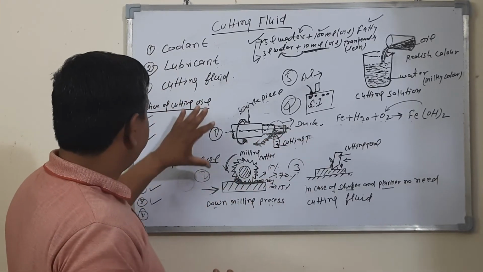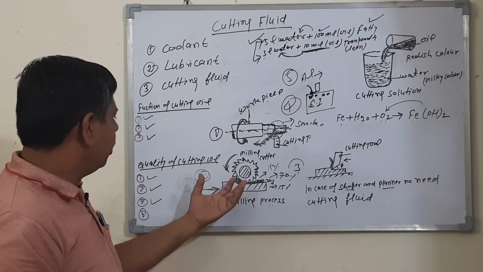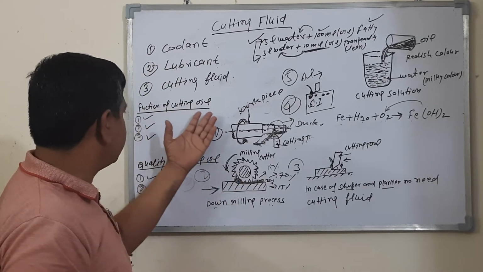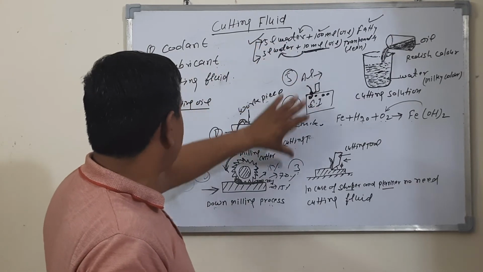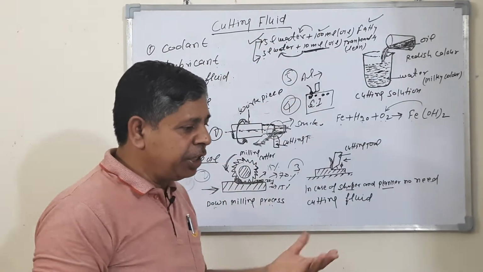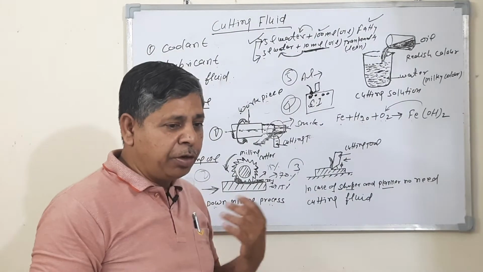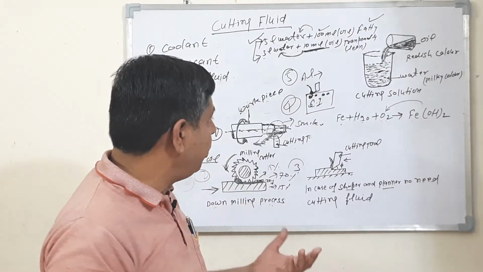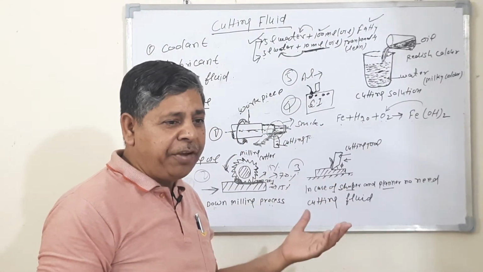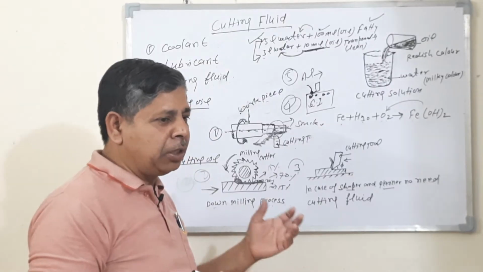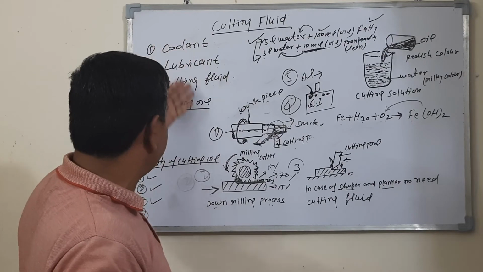These are the qualities of the cutting oil, and these are its functions. Different types of cutting fluids are used in industries, engineering works, and workshops to remove heat, increase tool life, and obtain a good finish on the workpiece by using different types of coolant.